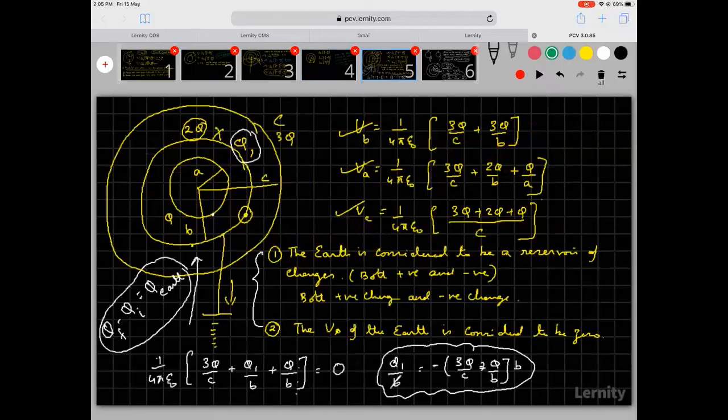Same thing. I was telling you what happens when you earth it. When you earth it, potential becomes zero. Charge moves from the earth or to the earth. The earth can take an endless amount of charge. There is no problem.